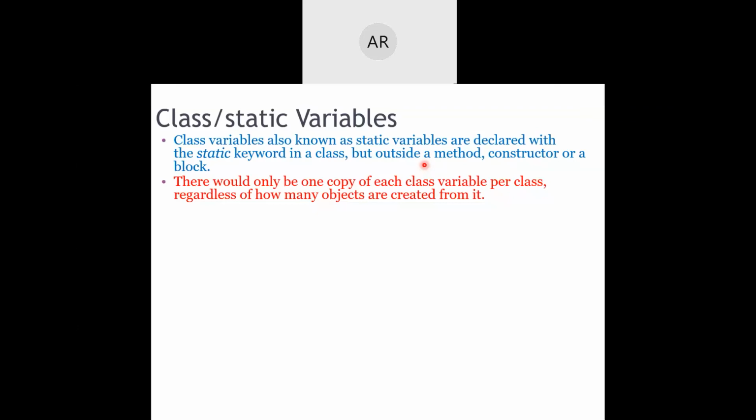Suppose the class has declared 3 variables and 2 methods: object 1 will have 3 variables and 2 methods, object 2 will have 3 variables and 2 methods, object 3 will have 3 variables and 2 methods. Like that, if there are n objects, n copies of the variables will be created and each will have its own exclusive values. Suppose in object 1 variable x is 10, in object 2 variable x may be 10 or 20 or 30 or 40, some value.